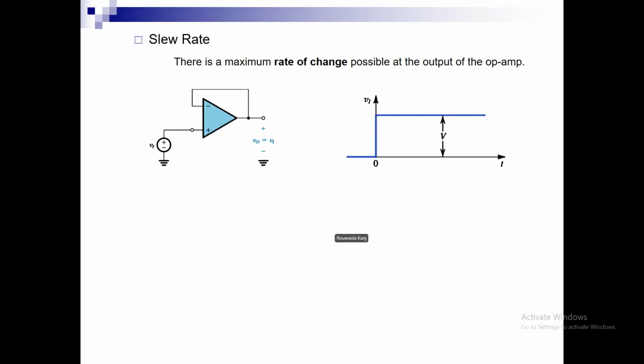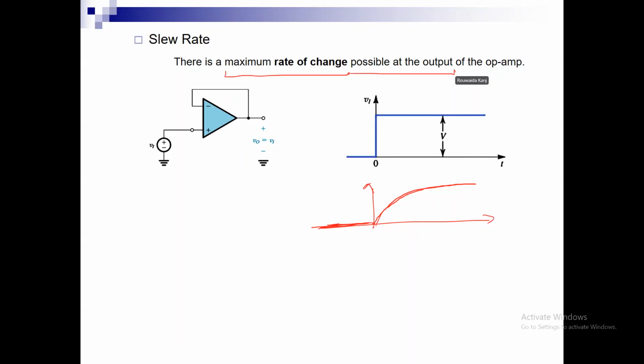There has to be some delay between the output and the input by virtue of the fact that I have circuits with finite power or finite capability. So the maximum slew or rate of change possible at the output, which is a function of the elements and the delay circuits, we call the slew rate.